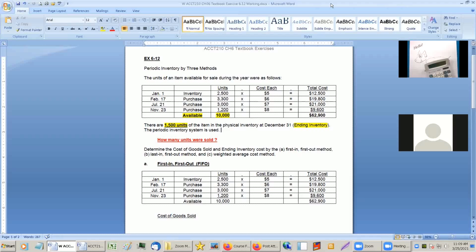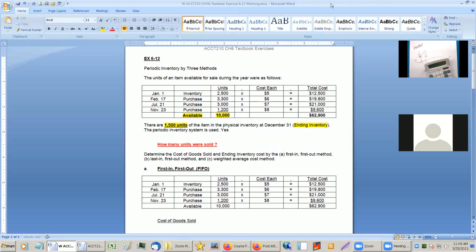Yep. Put in the wrong spot here. Okay, yeah. So we had available 10,000.